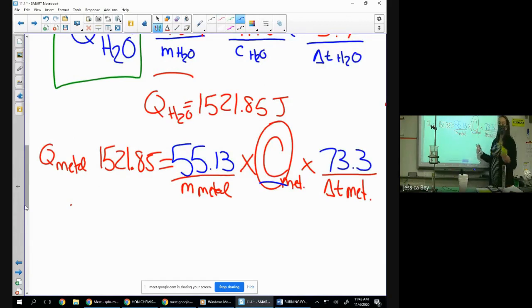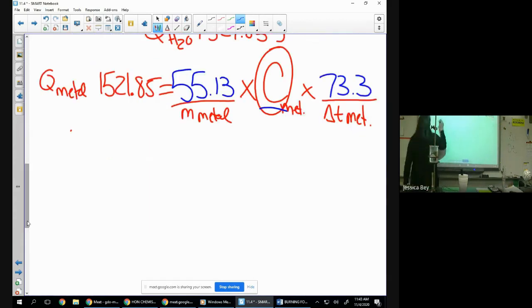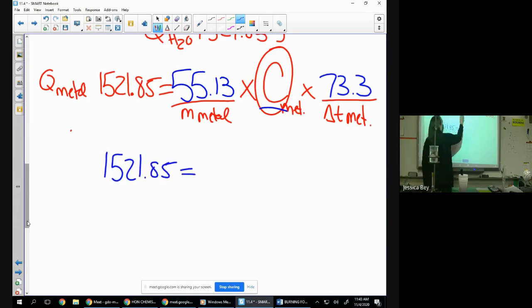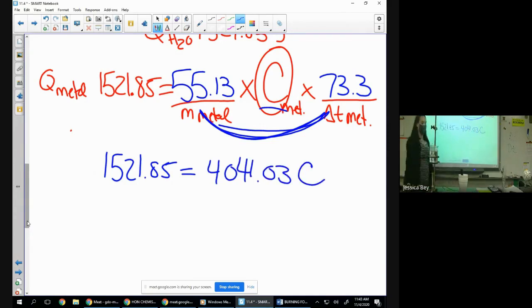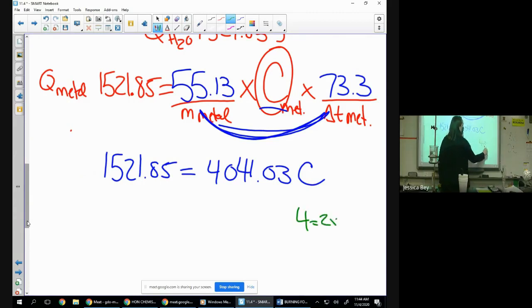Okay, then how do you, this is just algebra at this point. How do we solve for this? Well, I'm going to bring down this number, 1521.85 is equal to, I'm going to multiply 55.13 times 73.3, and I get 4041.03, and then I have my C there. In order to get C by itself, what I need to do, because if I told you 4 is equal to 2x, you would be like, well, that's easy.